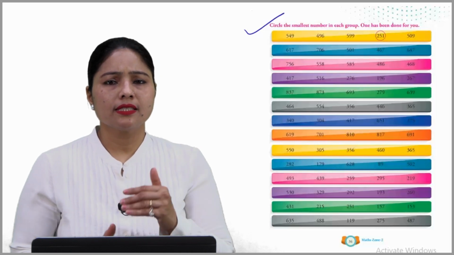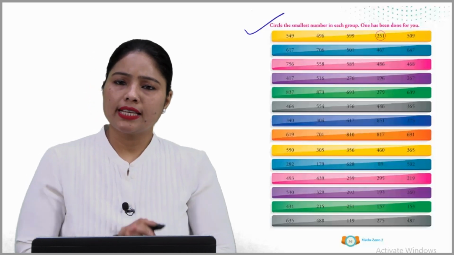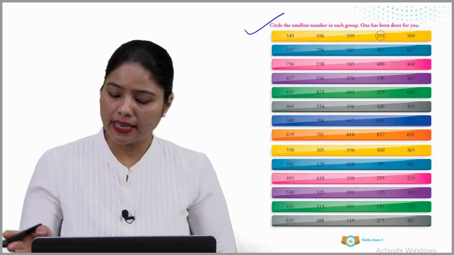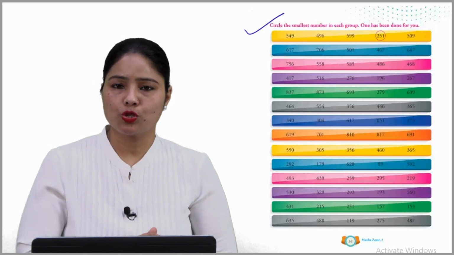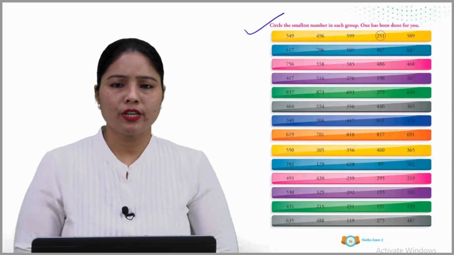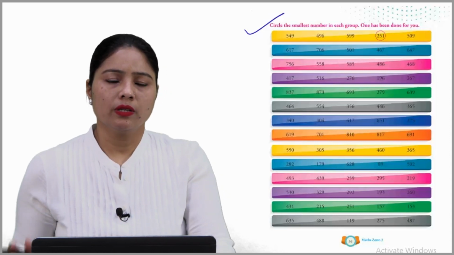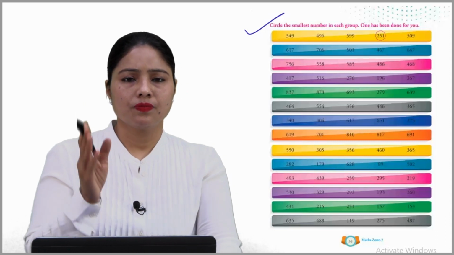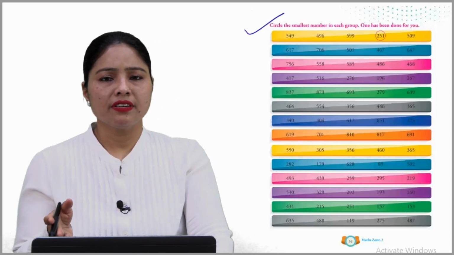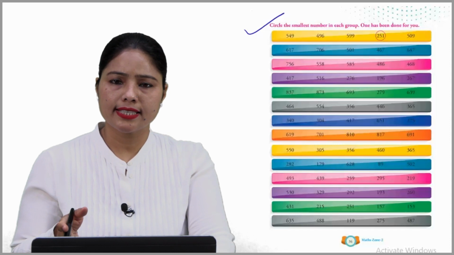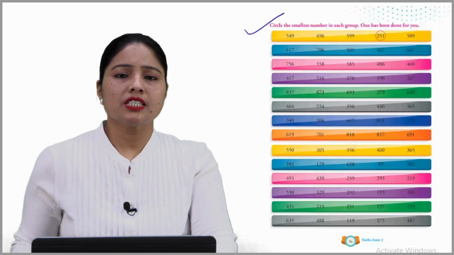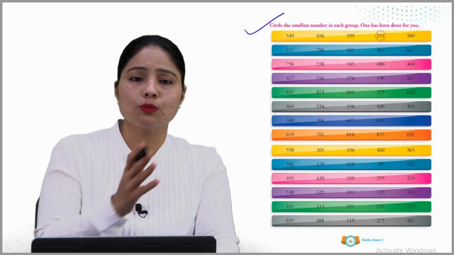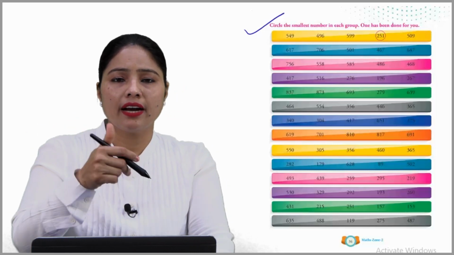Circle the smallest number in each group. One has been done for you. अब आपको क्या करना है? यहाँ पर numbers दे रखे हैं. आपने उसमें से smallest को circle करना है. First one is already done for you. Now next one: 617, 706, 501, 467 and 647. Now you just have to find out which one is smallest. Compare the hundreds place.